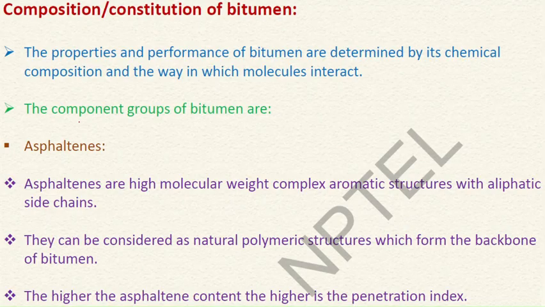They are the heavy, high molecular weight compounds which are present in the heavier crude oil. That is the residue part of the crude oil, mainly the atmospheric residue or the vacuum residue. Here we will be talking about the composition, constitution, and various properties of bitumen.